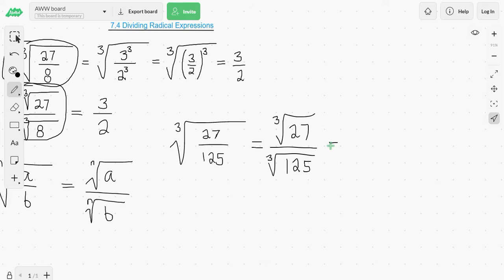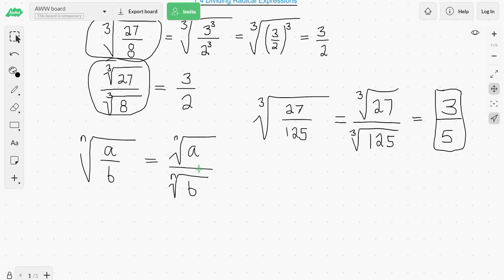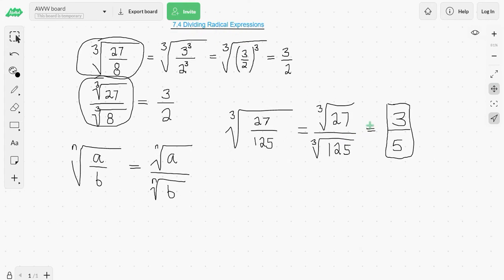We know the cube root of 27 from before, that's 3, because 3 times 3 times 3 is 27. And if we took a wild guess for the cube root of 125, it's 5. 5 times 5 is 25, and 25 times 5 is 125. So we end up getting 3 over 5. Again, we just used that quotient rule for radicals.